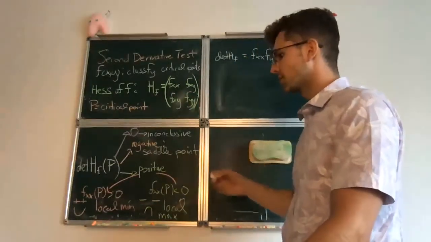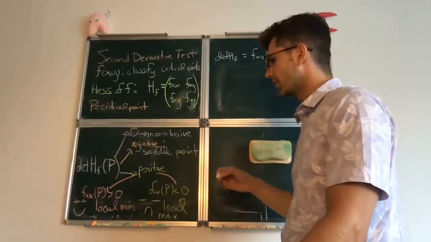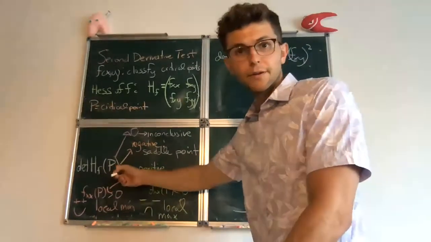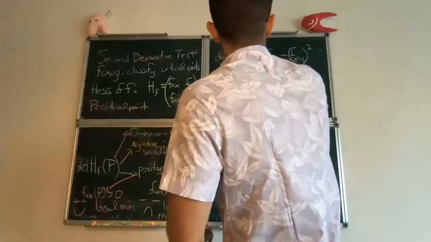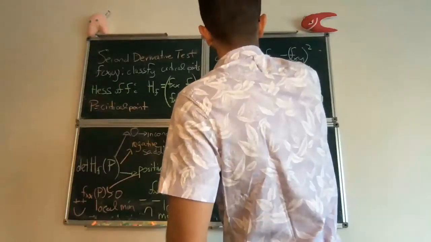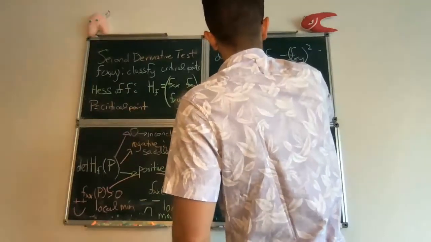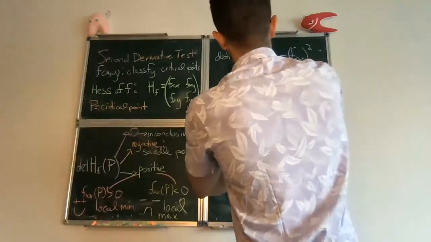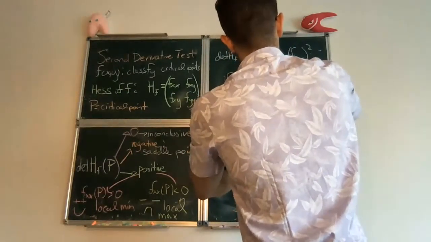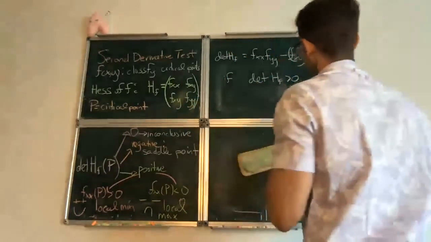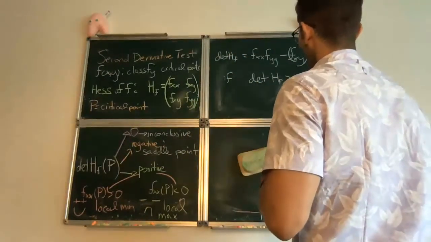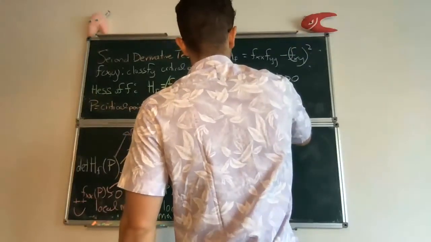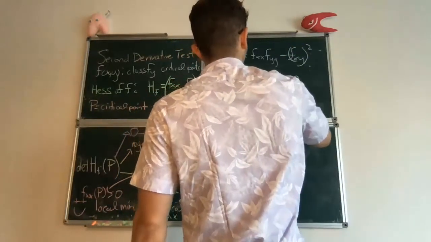Again, I'll do an example in the next video, but let me just clarify two things. If the determinant is positive, then that means that f_xx at P cannot be 0.